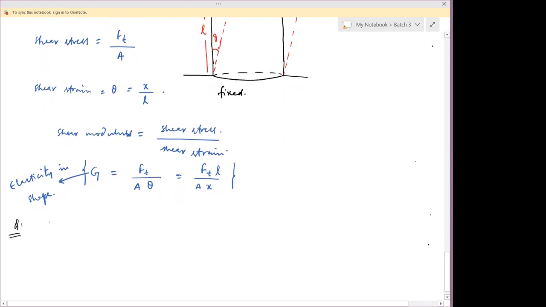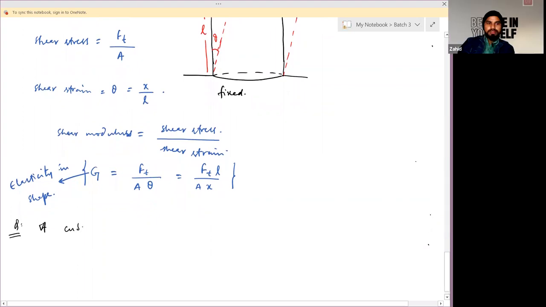Suppose a cube of side 10 centimeter, whose one face is kept fixed.